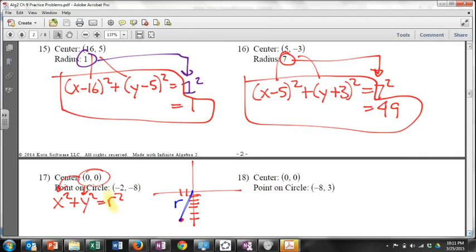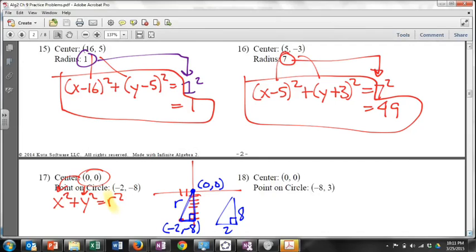We have the radius here, though. It's the distance from 0, 0 to negative 2, negative 8. So I'm going to use the Pythagorean theorem, where I have a triangle of 2 and 8.